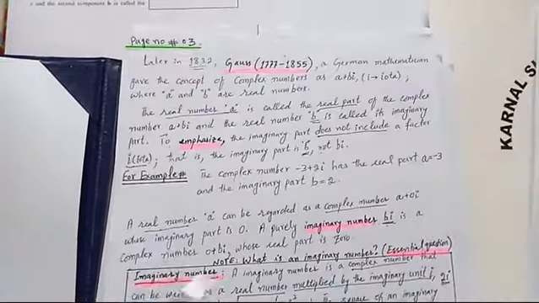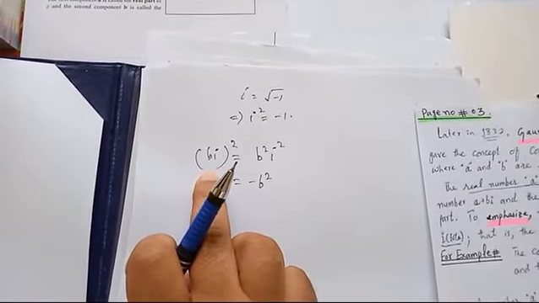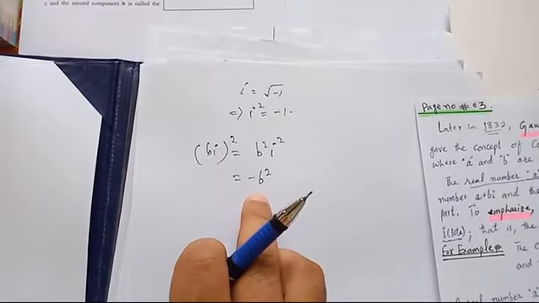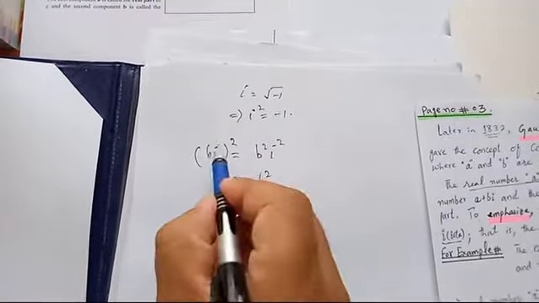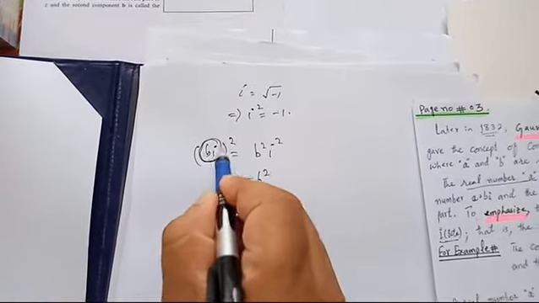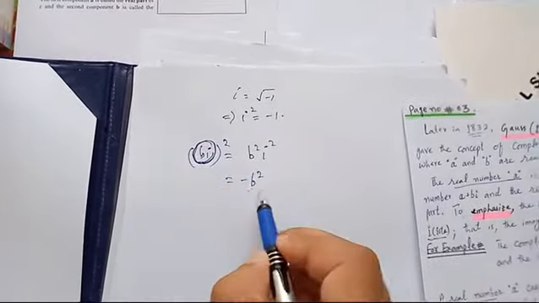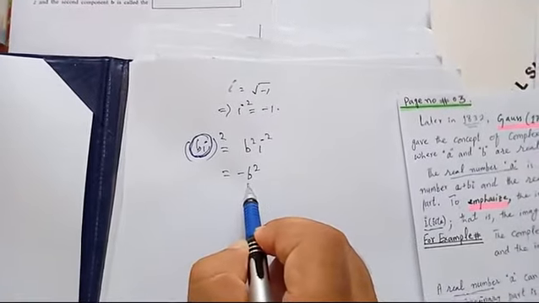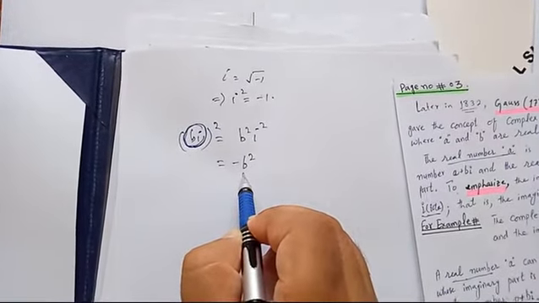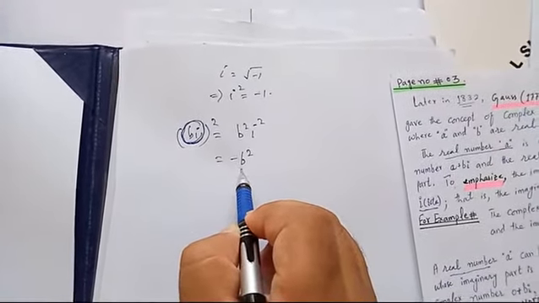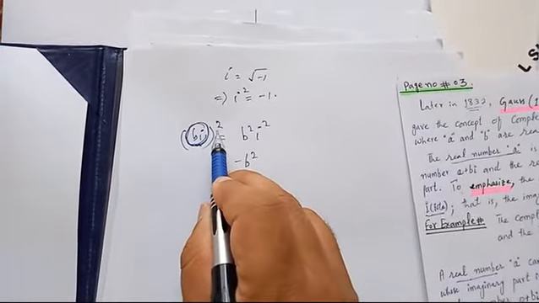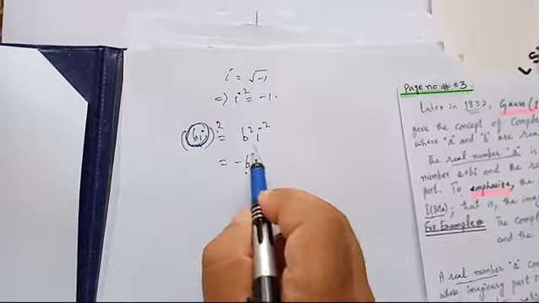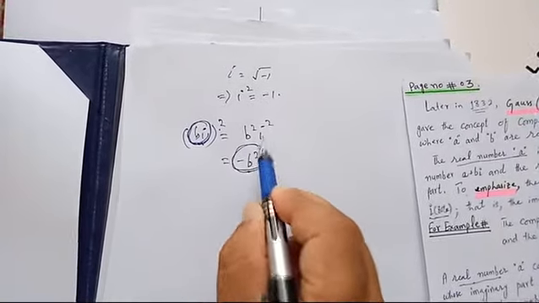So when you take the square of an imaginary number, it becomes a real number. This is a pure imaginary number. This is also a complex number. Remember, every number is a complex number because every number can be written in the form of a plus b iota.